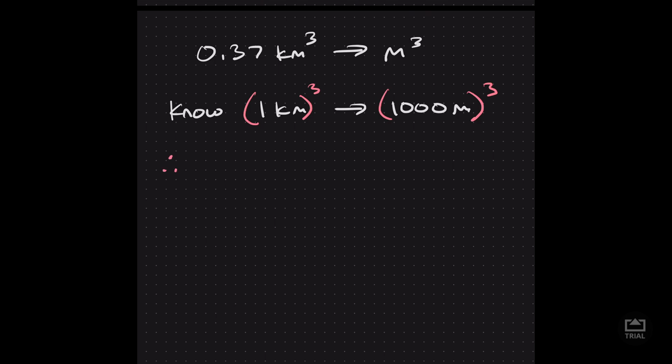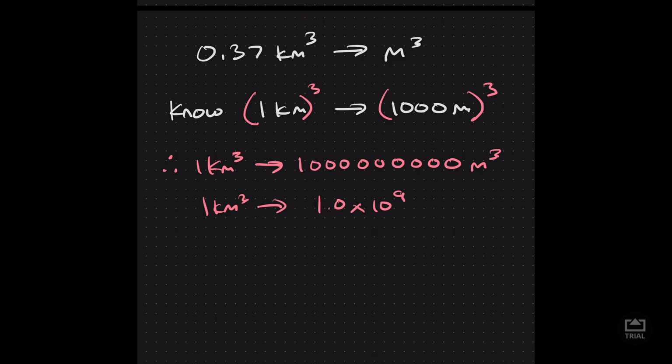So therefore, 1 kilometer cubed is going to equal 1 with 1, 2, 3, 4, 5, 6, 7, 8, 9 zeros, and that would be meters cubed, which is basically going to be 1 kilometer cubed is equal to 1.0 times 10 to the 9 meters cubed.